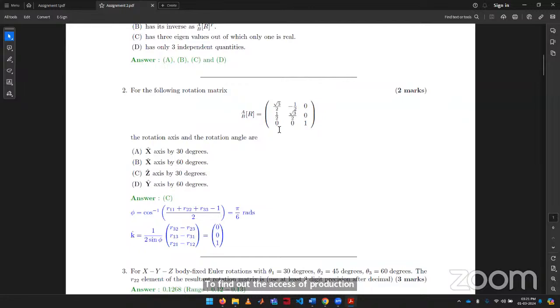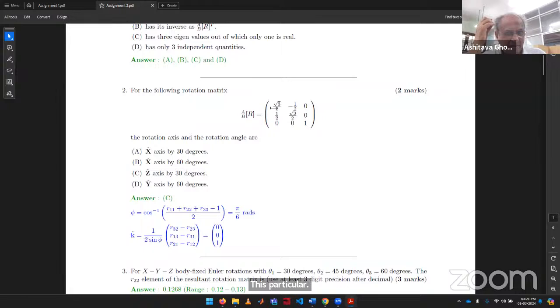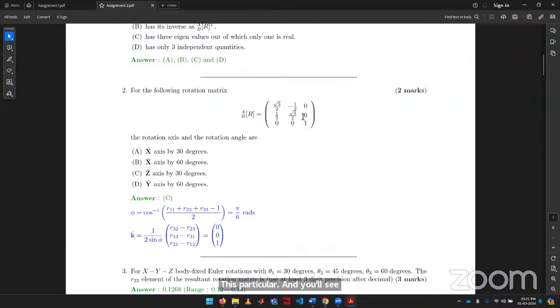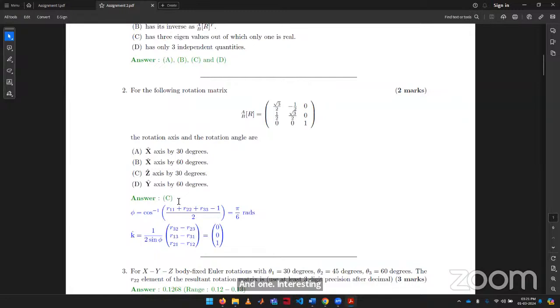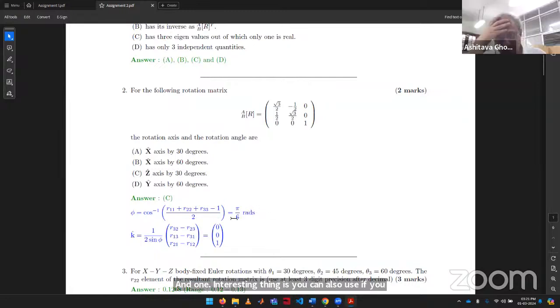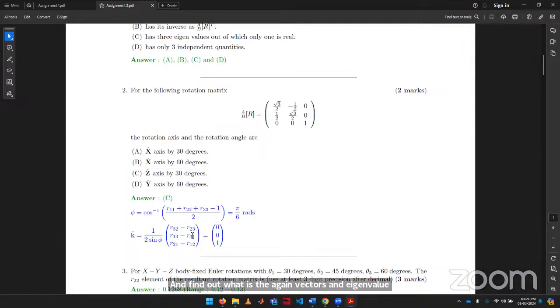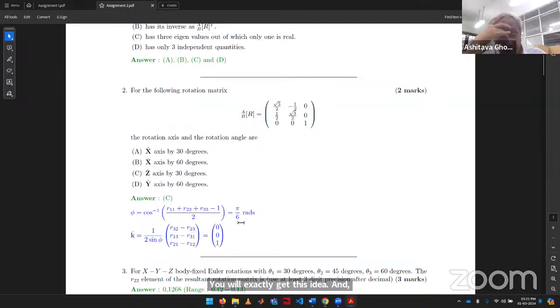One interesting thing is that if you write out this rotation matrix in MATLAB and find the eigenvectors and eigenvalues, you will get exactly this eigenvector, and the eigenvalue will be e to the power i theta. If you convert back, you will get this particular value again. So you can directly use these equations which are already present in the lecture slides, or you can better use MATLAB.